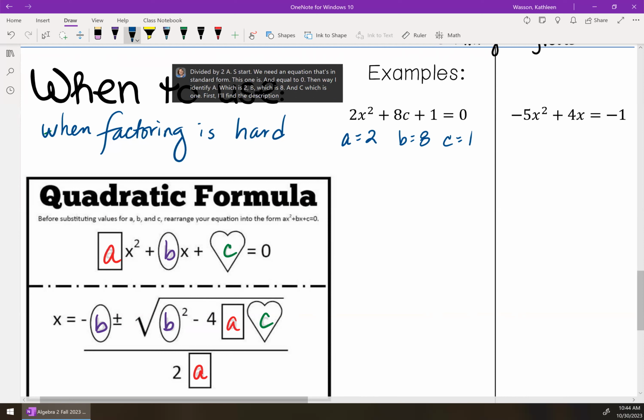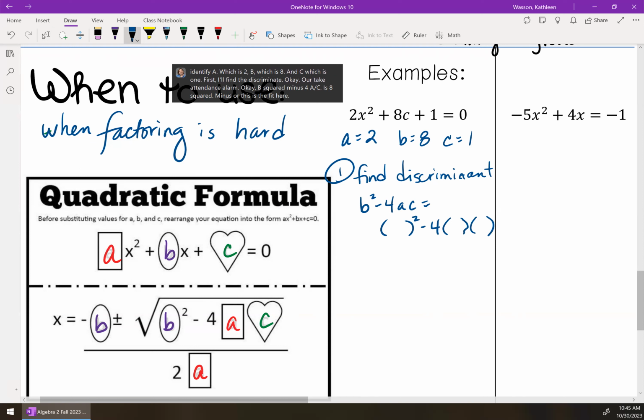First, I'll find the discriminant. b squared minus 4ac is 8 squared minus 4 times 2 times 1.